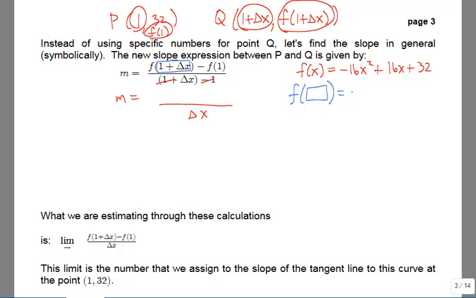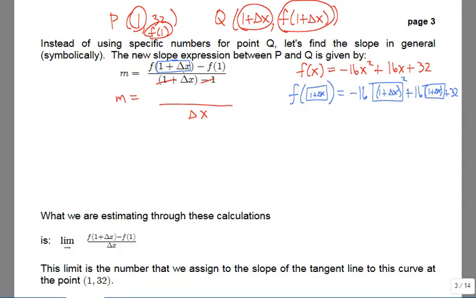So this rule for f says to take -16 times that stuff squared plus 16 times that stuff plus 32. And what I'm going to be plugging in for my stuff is this 1 plus delta x. So you need to put it in both of these two positions, and I'm going to wrap it in parentheses because I have some constants out front and some powers to worry about.